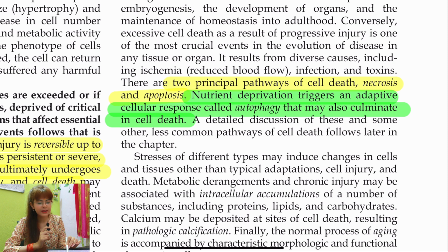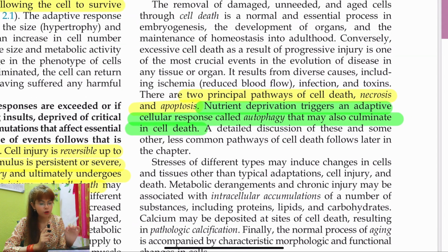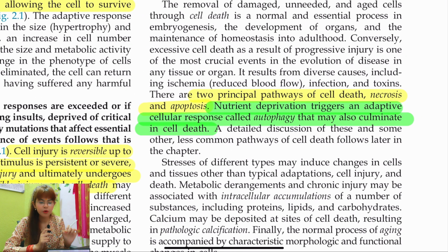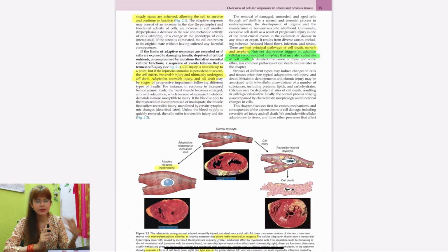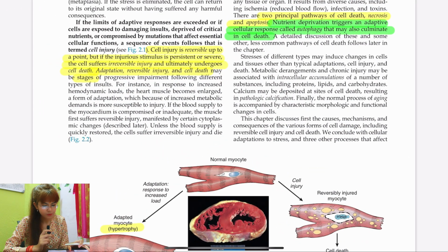Any time you find this phrase, please mark autophagy and not apoptosis. Although apoptosis is a very important pathway of cell death and autophagy is also an important pathway of cell death, with nutrient deprivation it is only autophagy; apoptosis is a completely different phenomenon.